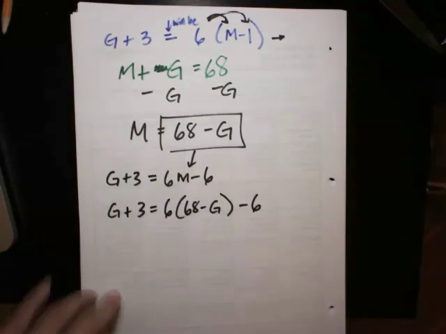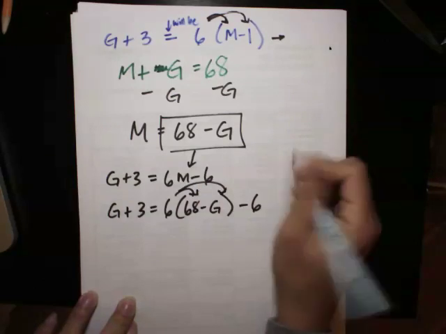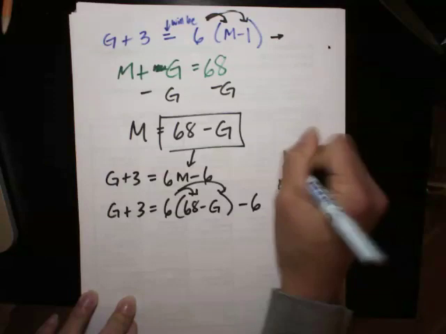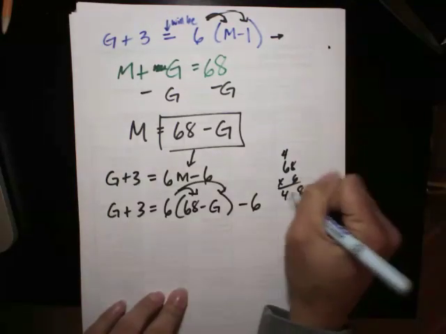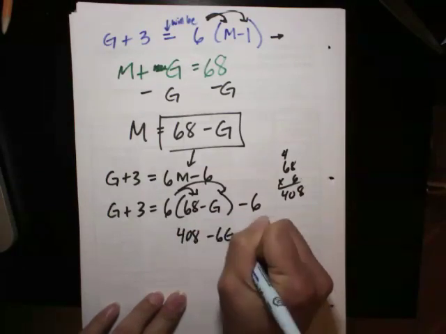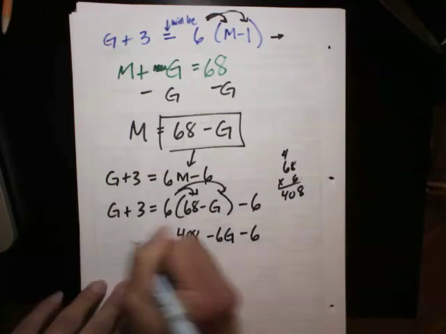Minus 6. 6 times 68. Okay, I'm going to distribute. 6 times 8 is 48. 6 times 6 is 36. Plus 4 will give me 40. So 408 minus 6g. Be careful when you write your g's and your 6's. Sometimes they end up looking very similar.